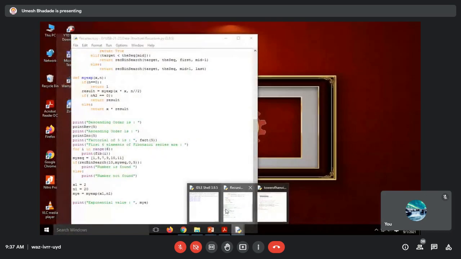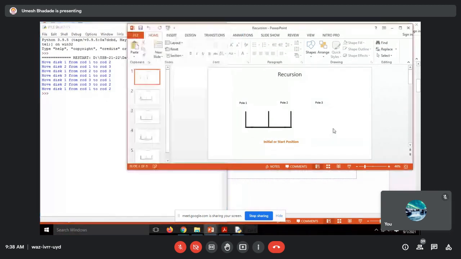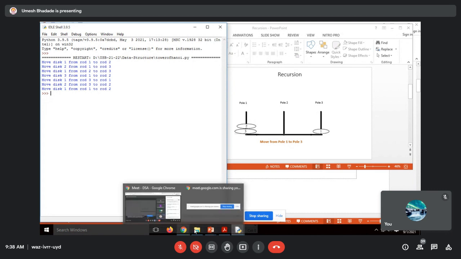Now here, if you see, I have moved this one from rod 1 to rod 2. How can I show you? So if I do this, this will vanish. So what I have done, I have moved diskette 1, the top diskette, to pole 3. I will just change the number here in my program so that it will be aligned.